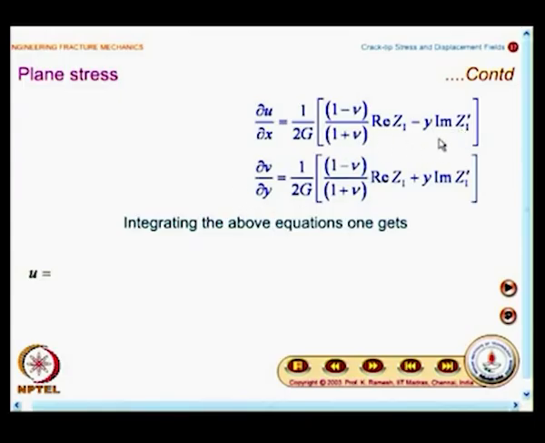So, these are carefully grouped, so that the Westergaard stress function terms are grouped together. I have this as 1 by 2G into (1 minus nu) divided by (1 plus nu) of real part of Z1 plus y imaginary part of Z1 prime.